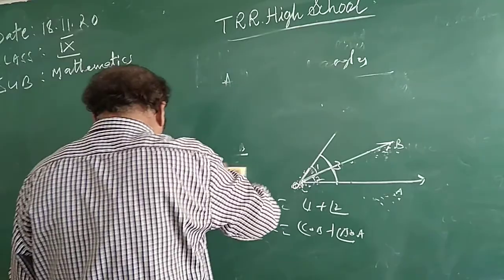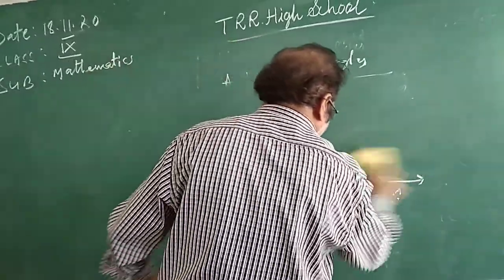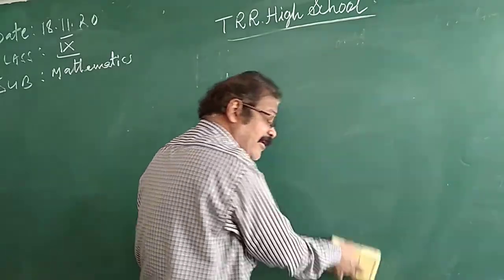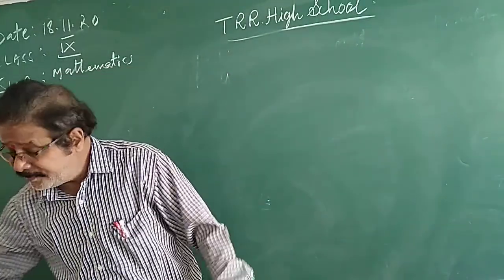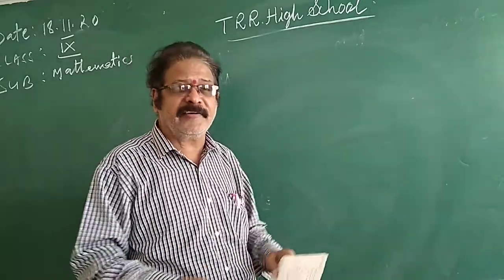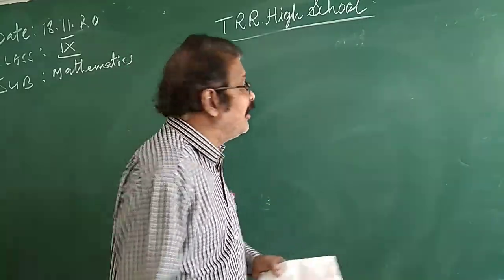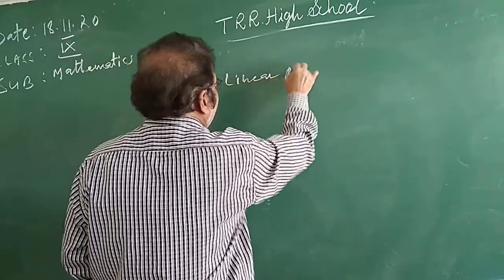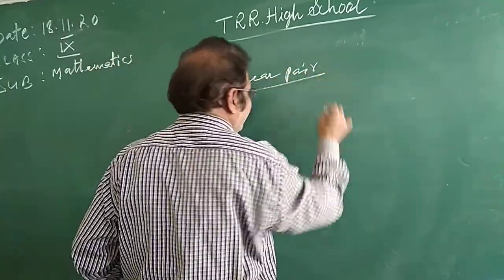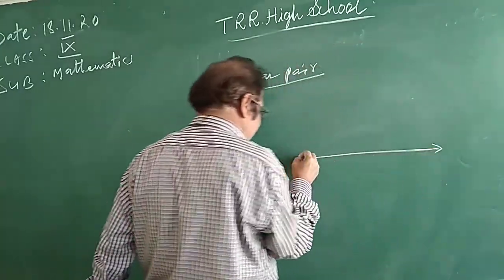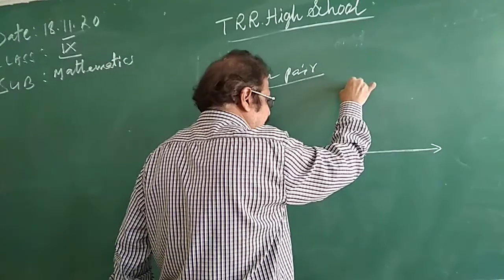Next, linear pair. So you understood very well about adjacent angles. When you understand adjacent angles, you can easily say the linear pair, or linear angles. For example, this is a straight line, and on the straight line, one ray is turning.